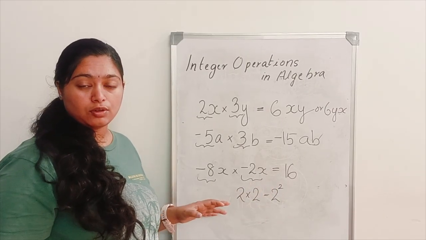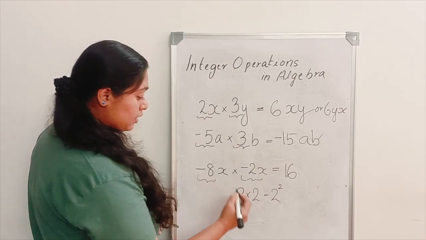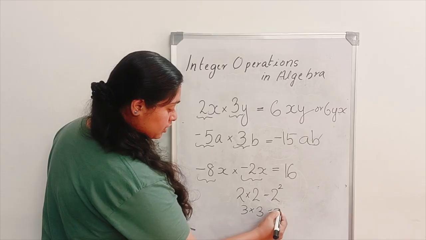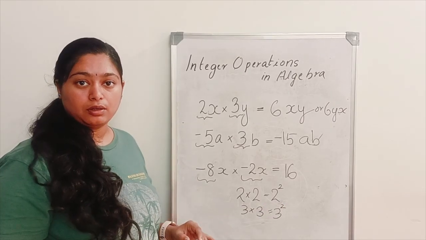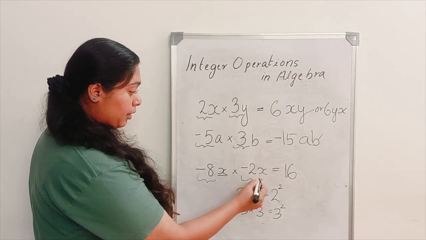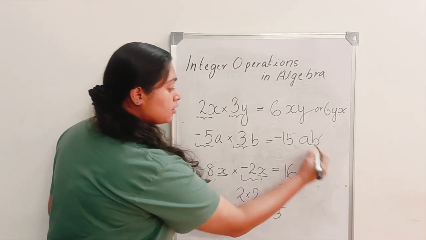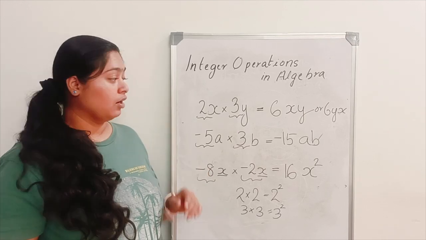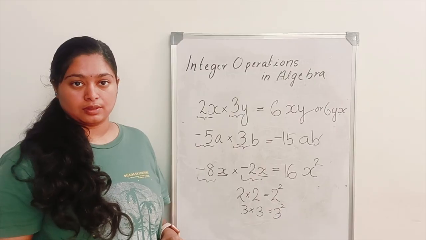This comes in the unit of exponents, which we'll be discussing later in detail. Same way, 3 multiplied by 3 can be written as 3 square. The same thing applies for a variable also. x multiplied by x is written as x square. And this is how you simplify algebraic expressions, especially when it is a multiplication.